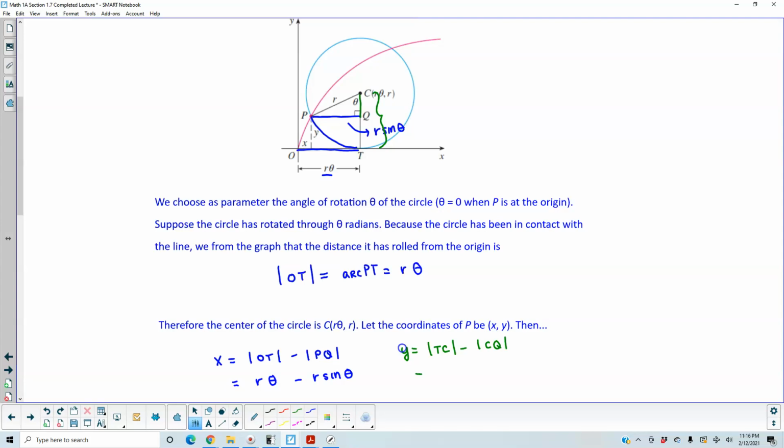So the distance from T to C is the value of r, because that's how we get to the center, so that's r, minus, now CQ is going to be r times the cosine of theta.